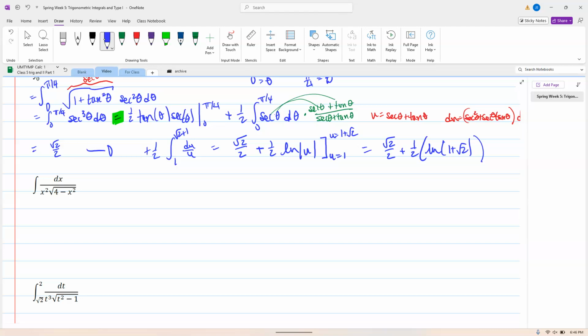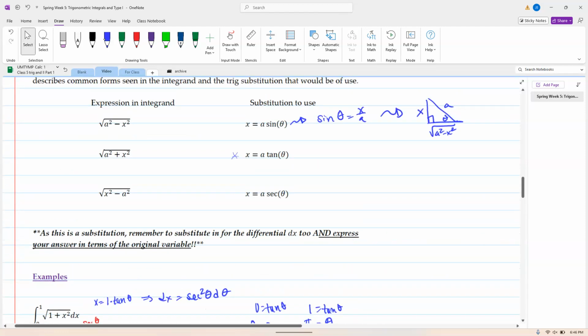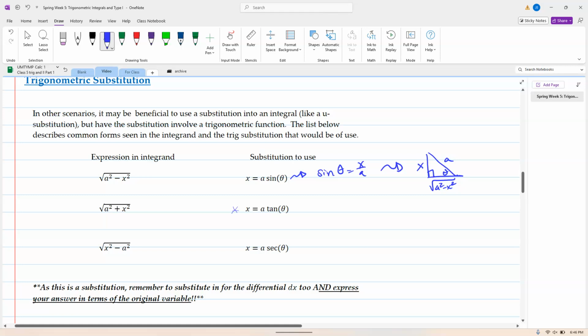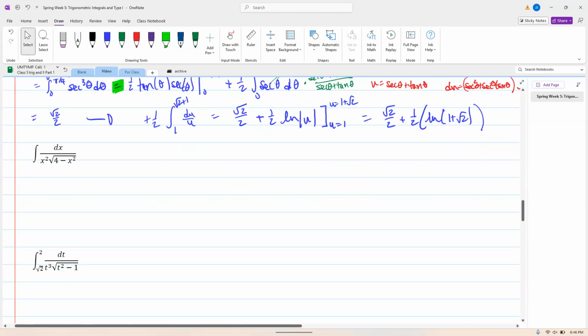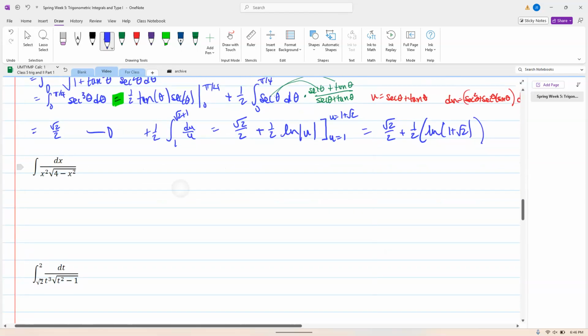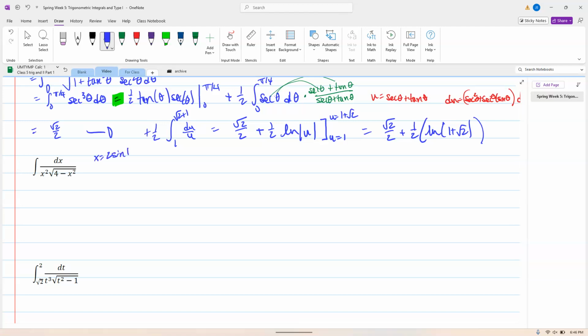We have this whole thing, and what I see is the 4 minus x squared. 4 minus x squared is a signal to me that I'm going to use a sine of theta. If it was 4 minus x squared, a is going to be 2. So I'm going to use the substitution where x is equal to 2 sine theta.